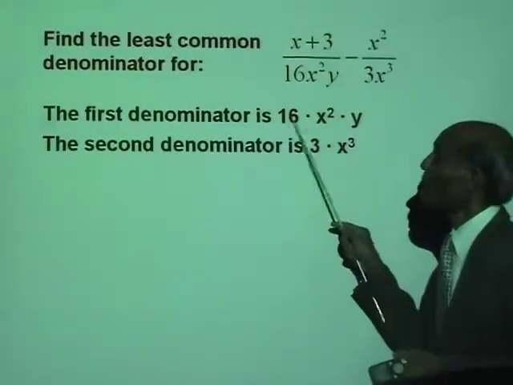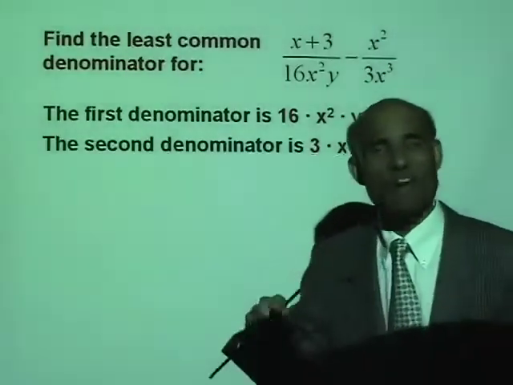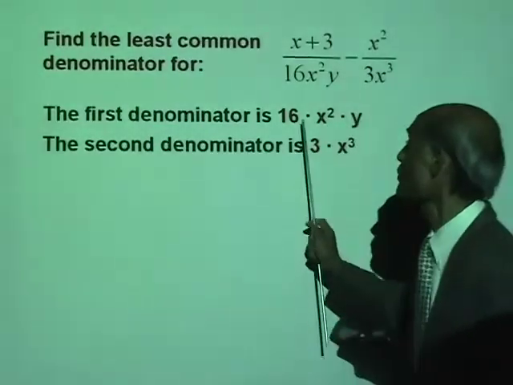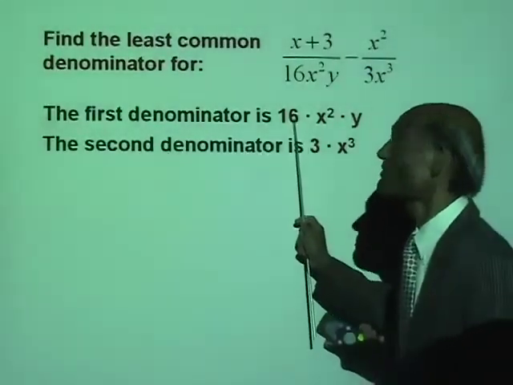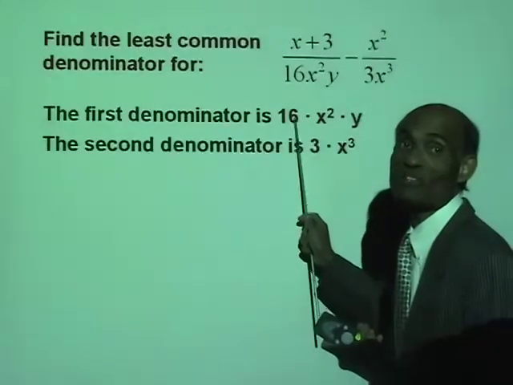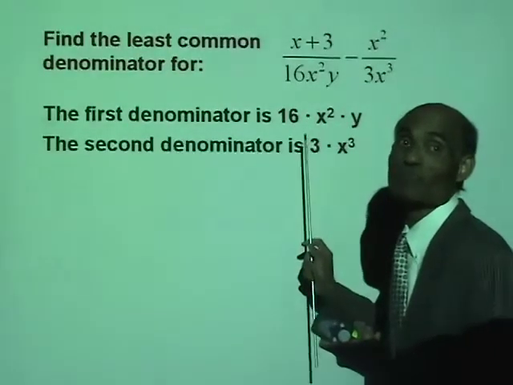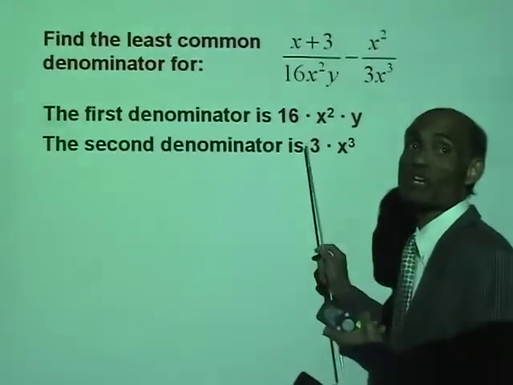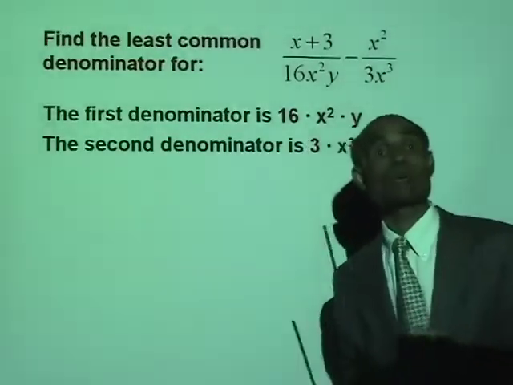Alright. Now, although 16 can be factored, there is no merit in doing that in this case because there are no common factors that you can find in 16 and 3. And therefore, the LCD will contain the whole of 16 and the whole of 3.